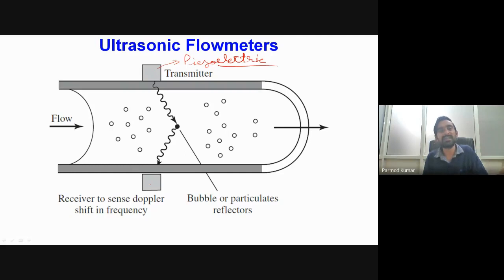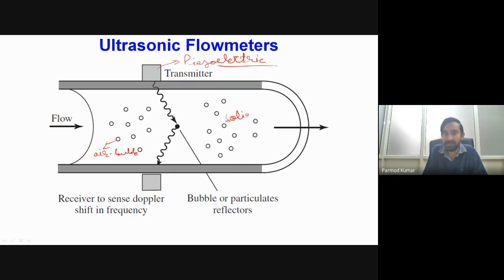When this type of flow measurement device was used in earlier days, it was considered that the flow contains some particles, which may be small air bubbles or solid particles.